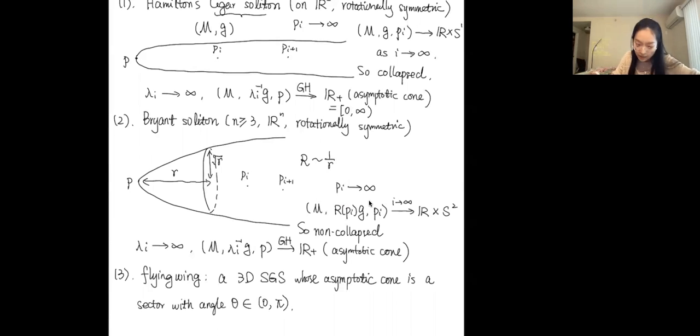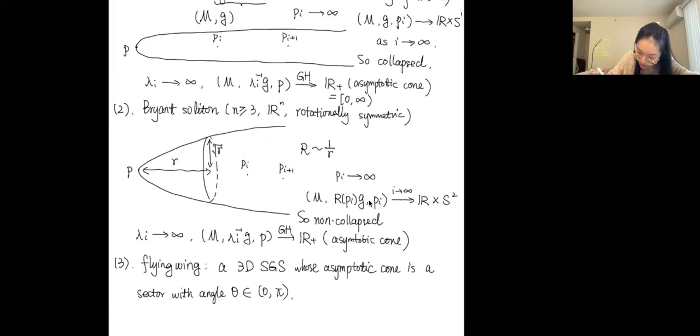Such a static gradient soliton is called a flying wing by Hamilton, and its existence was also conjectured by Hamilton.